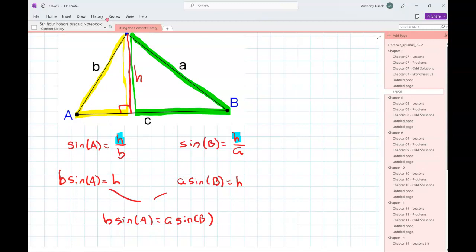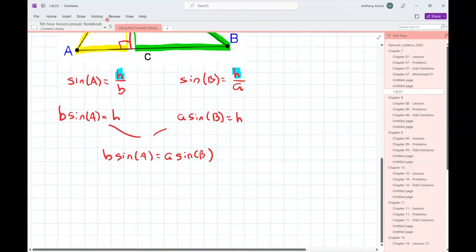And what I have now is an equation that's true inside of a right triangle that depends only on the side lengths and angle measures in that non-right triangle, right? Which is wonderful.